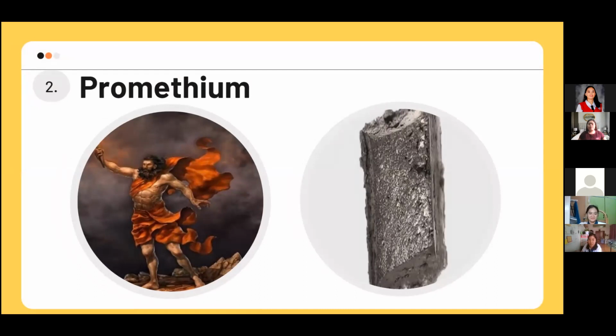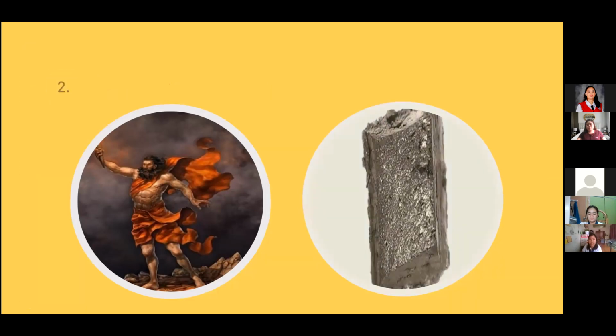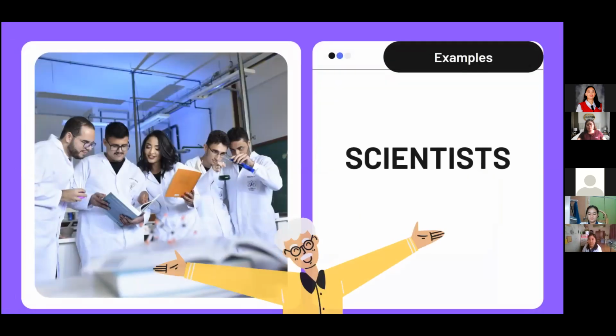So the element promethium was named after Prometheus. So if you don't know Prometheus, siya yung parang nagnakaw ng fire from the gods and gave it to mankind. So that's how fire started daw according to mythology. So another example, helium, which is named after the sun god Helios.